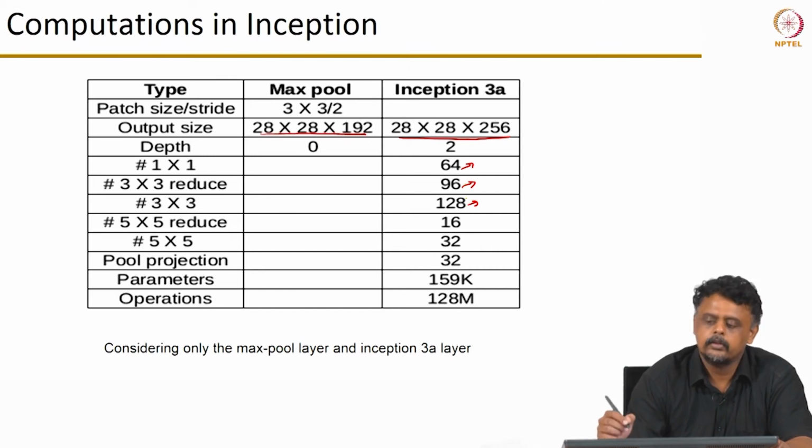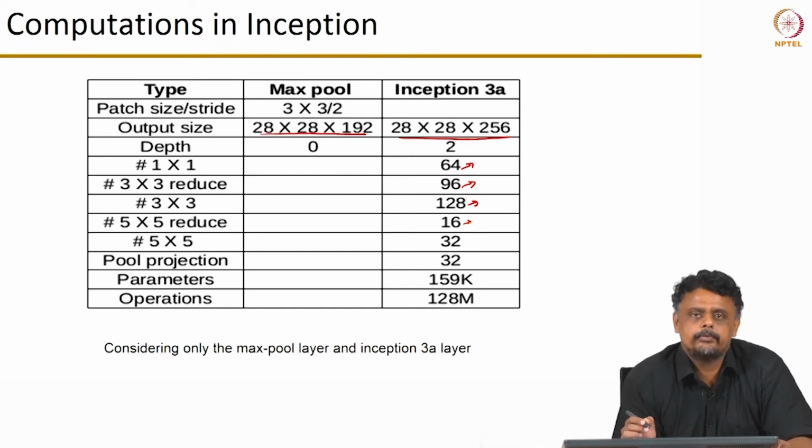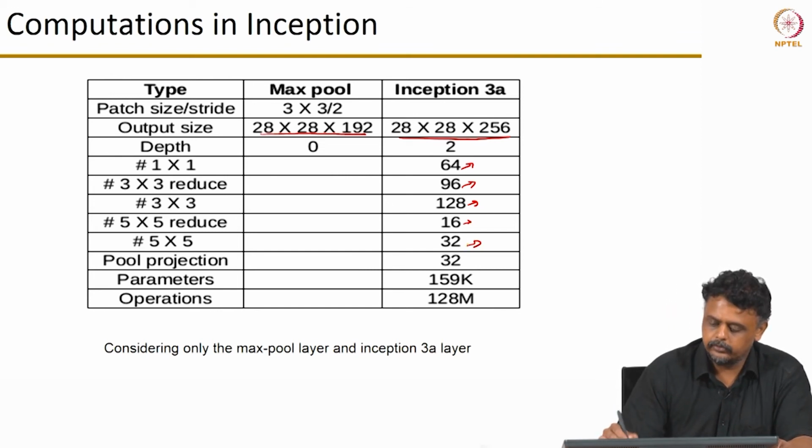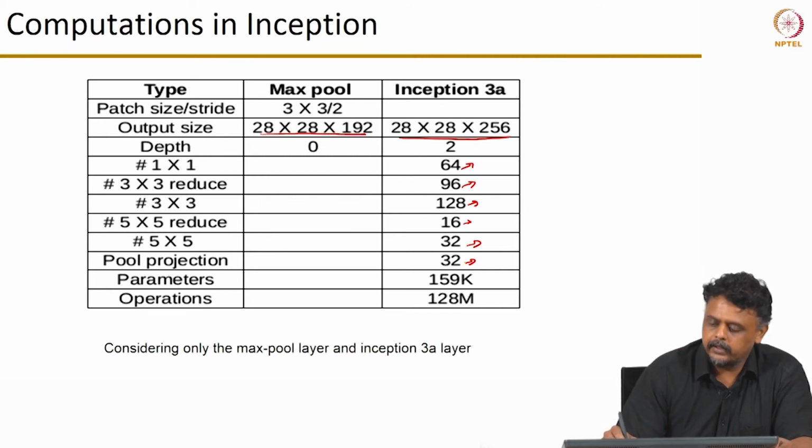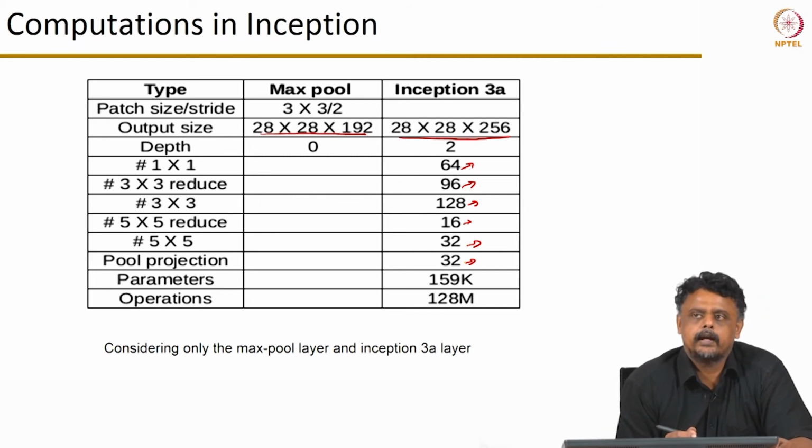You would then produce 128 feature maps with the 3 by 3, again 16 1 cross 1 feature maps produced by the 1 cross 1 convolutions, followed by 32, and then 32 from the max pooling layer.